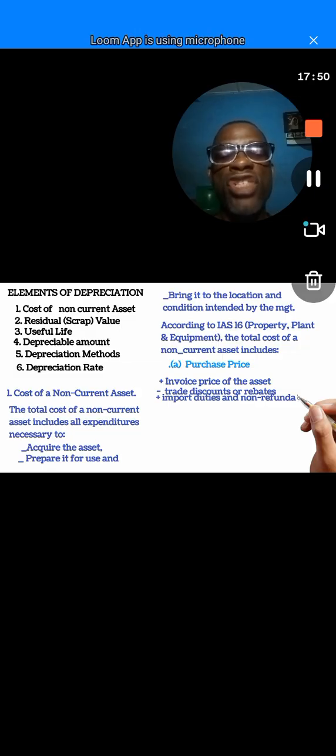And you are going to add import duties and non-refundable tax. That must be properly noted. That is the purchase price of non-current asset: invoice minus trade discount plus import duty or any rebate that is charged on the non-current asset.